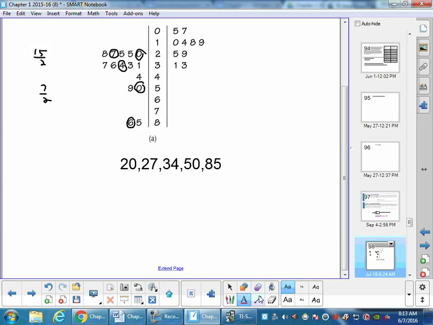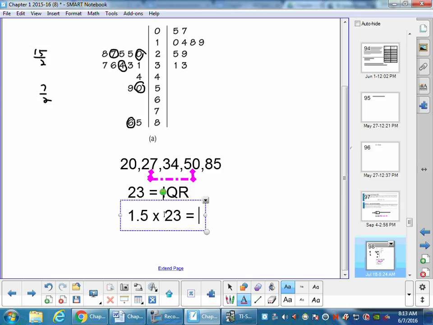So now we look at this. Our interquartile range is 50 minus 27. So our interquartile range is 23. Now if I do 1.5 times that, 1.5 times 23, I get an answer of 34.5.